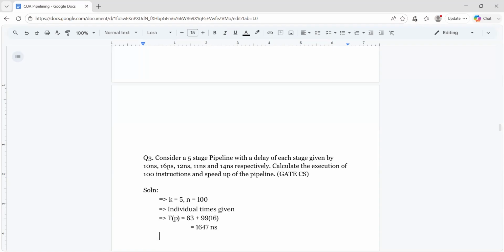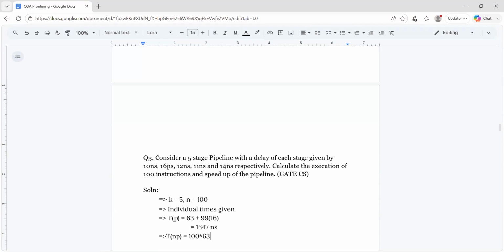Since they have asked for the speedup, similar to the last sum, we'll find the time taken for the non-pipeline case as well. For that, we have the formula n into the total time taken for each instruction, which will be 100 into 63.